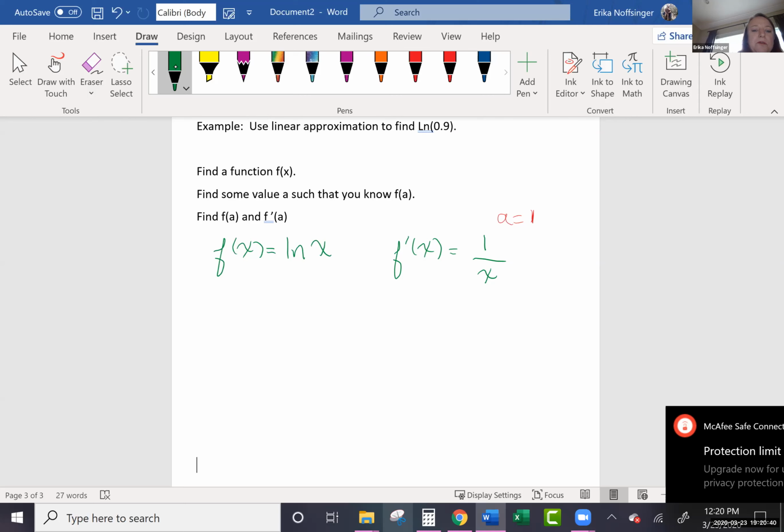And so now if we plug in our a value into the original, f of 1 equals the natural log of 1, which we just said was 0. And if we plug in 1 into the derivative, wherever we saw x, we get back 1.